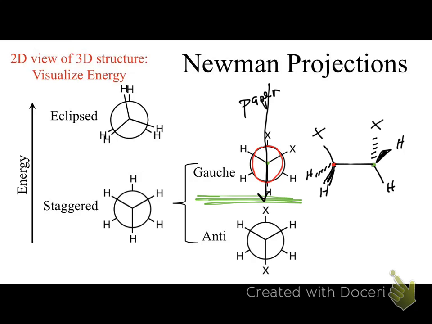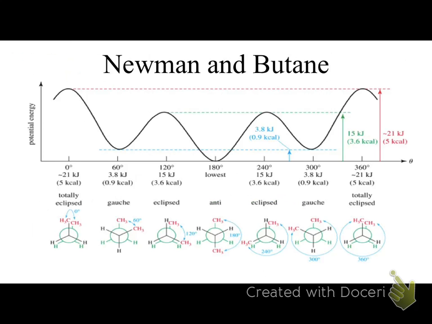Okay. This can be used or made a little bit more complex when we look at butane. Okay, so we added atom X, in this case is now a methyl group. And we could go through and start to plot the energy of each of those Newman projections. So in the case of what this drawing started with, we decided to pick butane and start with it in the eclipsed conformation where our methyl groups and our hydrogens all overlap.